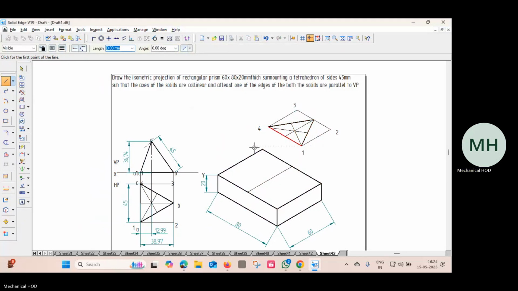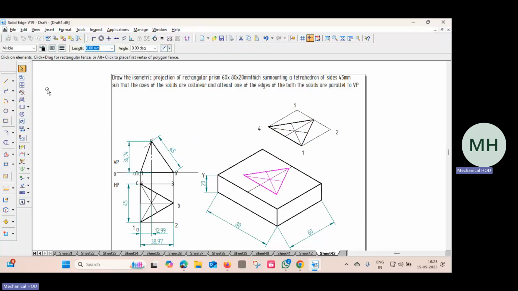Now we have to move this, select this, and move from the center of the triangle and keep it on the center of the rectangle like this.